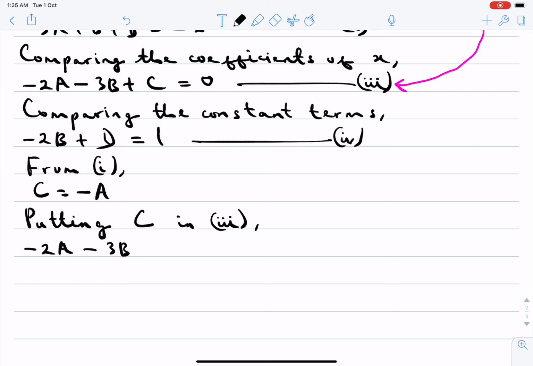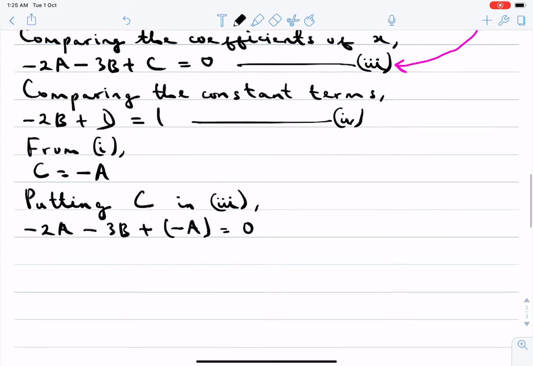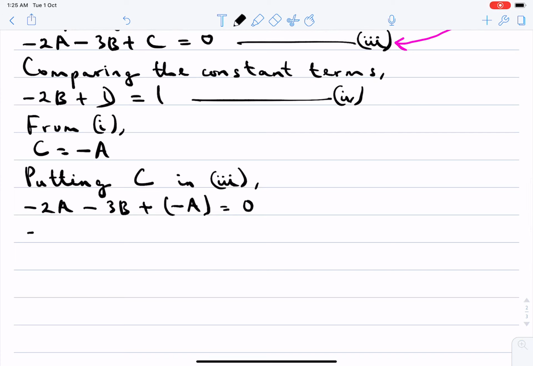Minus 2a minus 3b plus minus a is equal to 0, which means minus 2a minus 3b minus a equals 0.